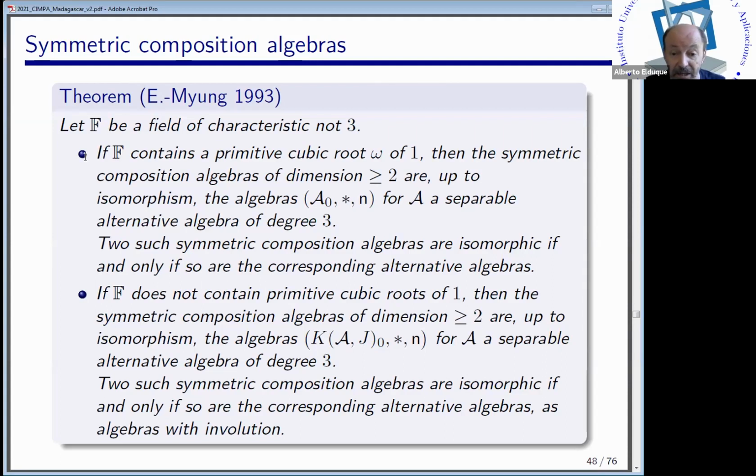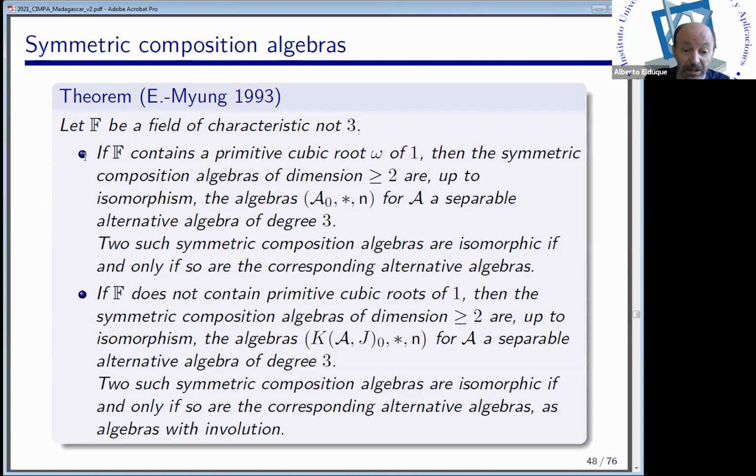And in case the ground field of characteristic different from 3 doesn't contain the primitive cubic roots of 1, then we have to do exactly the same thing that Okubo did. Extend to a degree 2 extension, adding the primitive cubic root of 1, considering a separable alternative algebra of degree 3 over the field extension with an involution of the second kind.